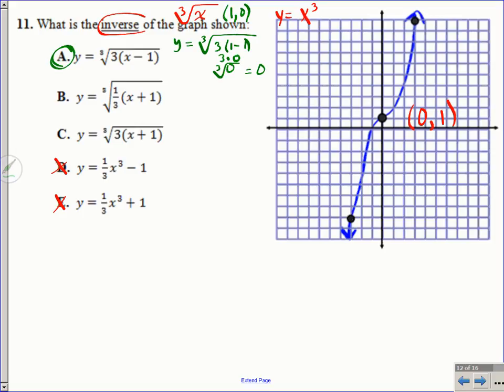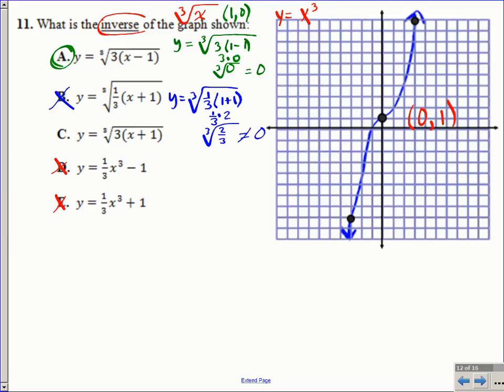If we put 1 in for x here, 1 plus 1 is 2, times 1/3 is 2/3. The cubic root of 2/3 is not equal to 0. So that cannot be my answer.